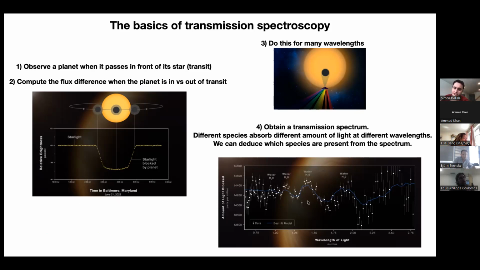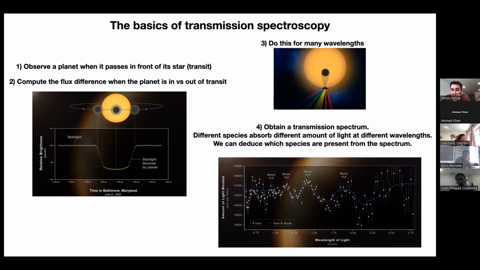So let's say here at 1.4 micron, if I have a bump in absorption, it's probably because I have water, because water absorbs in this band. And so having these bumps tells us that there's probably water in this planet, which is why it's quoted here. And this is also from WASP 96b from the data from yesterday. So this is how we do transit spectroscopy.